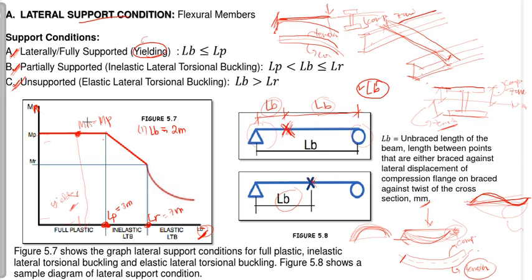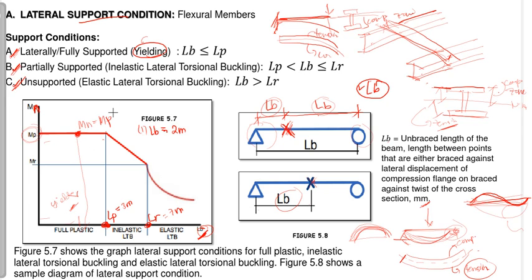Okay? So, mapapansin nyo kasi horizontal yan. Yung Mn natin, this is Mp. Okay? So, full plastic yan. So, based on the lateral support condition, ma-identify natin yung value natin ng Mn niya. Okay? So, if Lb ranges from 0 to Lp, that is laterally supported.